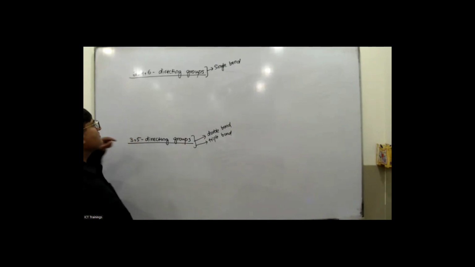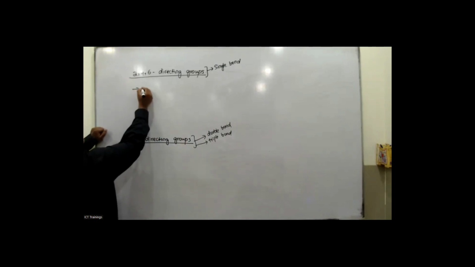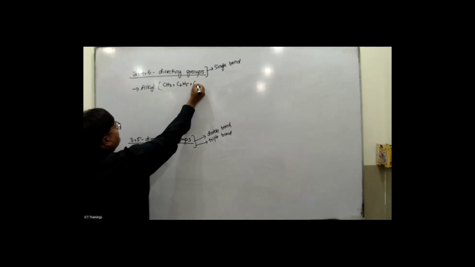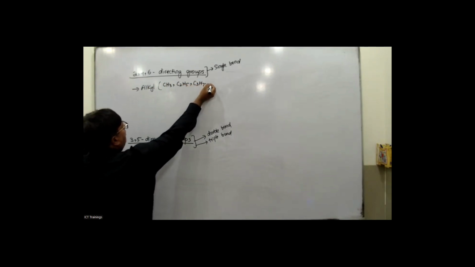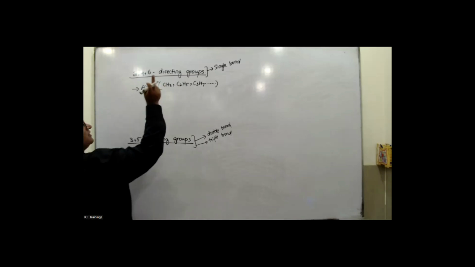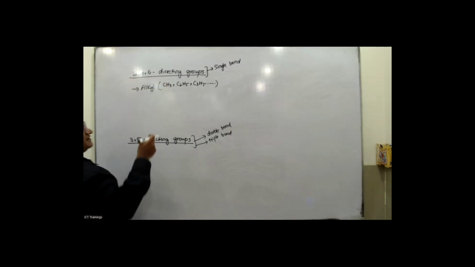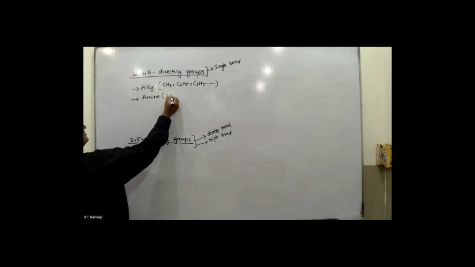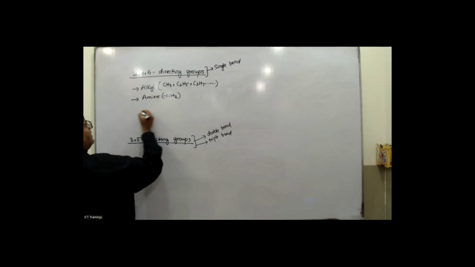So what are the 2, 4, 6 directing groups? The first group is the alkyl group. Alkyl groups, you know, carbon and hydrogen, like CH3, C2H5, C3H7. All alkyl groups have single bonds between them, so they are 2, 4, 6 directing groups. The second one is the amine group, NH2.